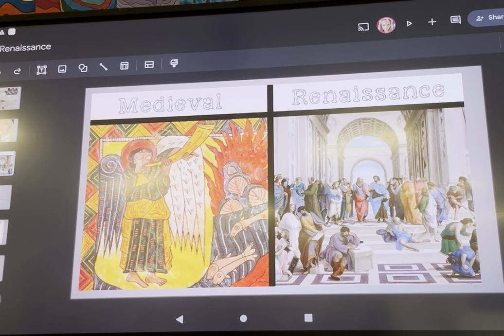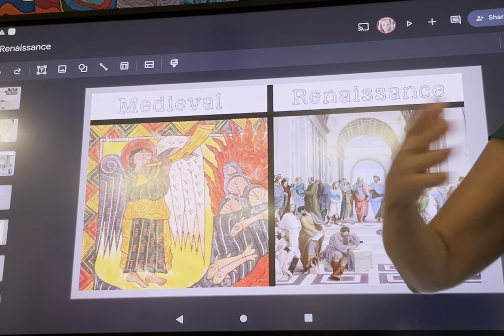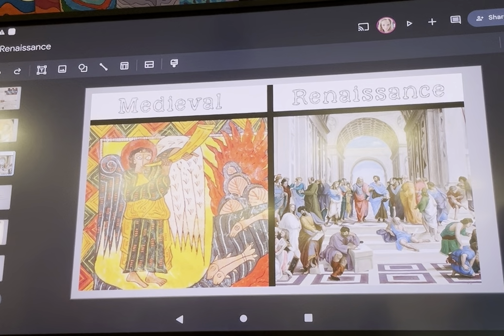And so with that, people are still respectful of religion. However, they're taking their God-given talents like art, and they're glorifying God through their artwork, but not necessarily drawing a religious scene. And Plato is pointing towards the sky, talking about our celestial beings, astronomy.